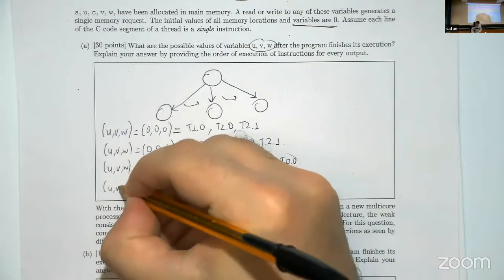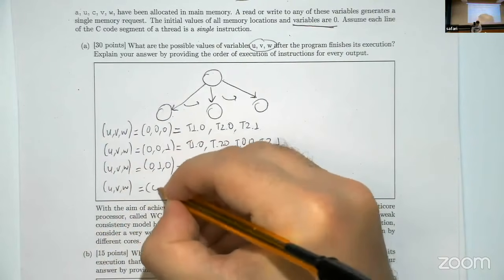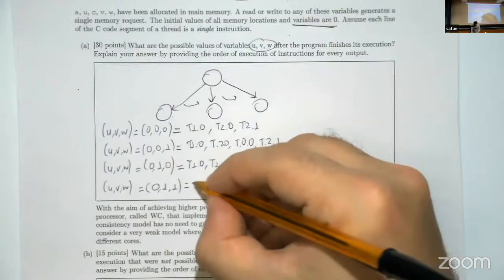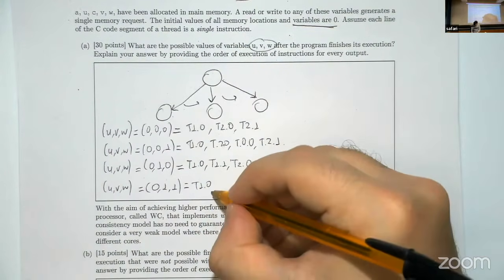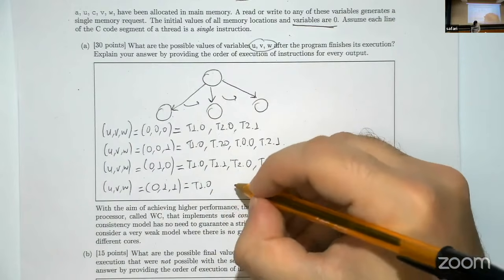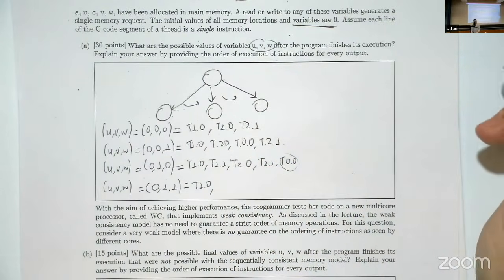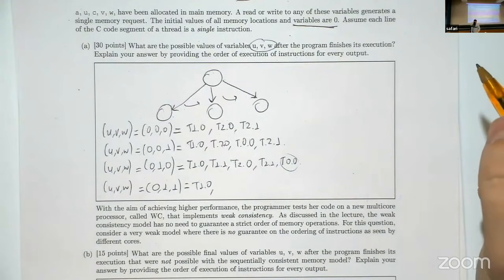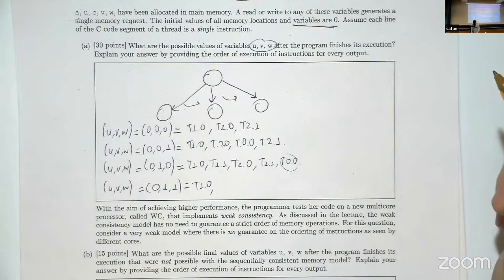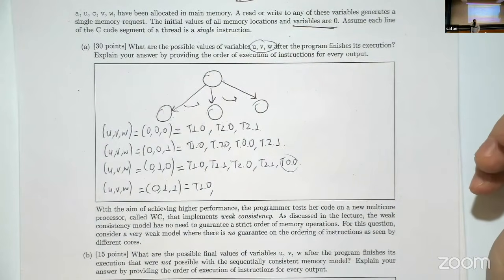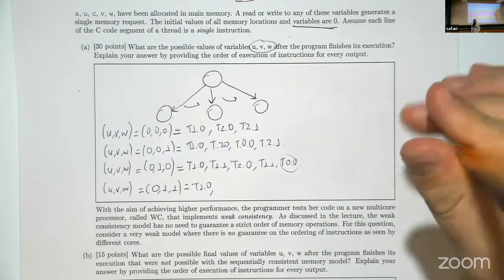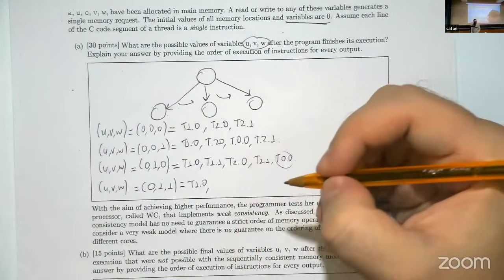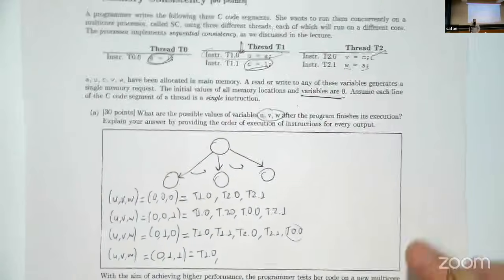Then we have 0, 1, 1, which is again T1, 0. Then we need to set V equals 1. The only way for this to happen is T0, 0.